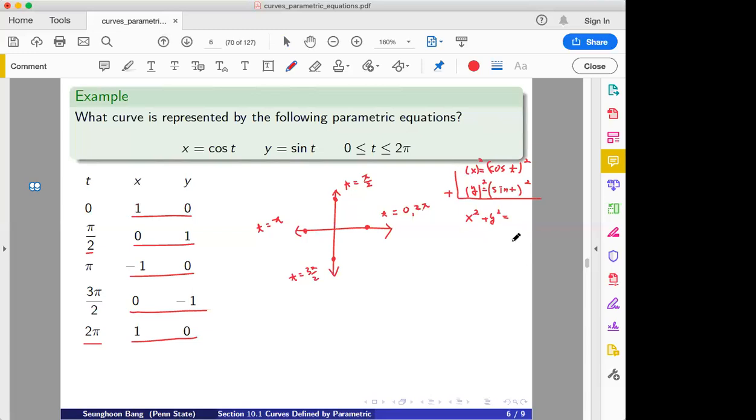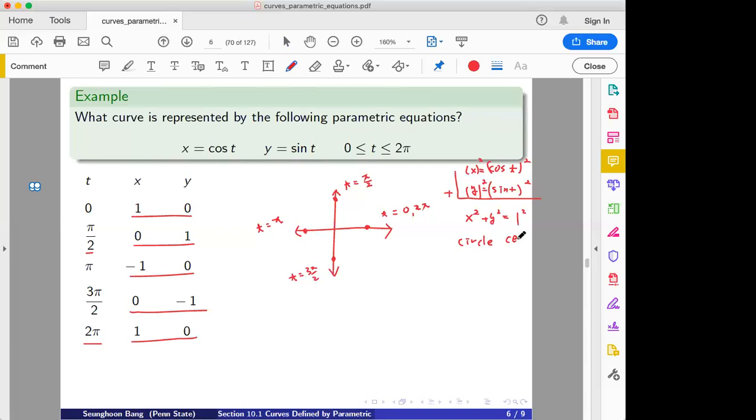What is cosine squared plus sine squared? Yes, this is 1, which is the same as 1 squared. So x squared plus y squared equals 1 squared. This is the equation of a circle.